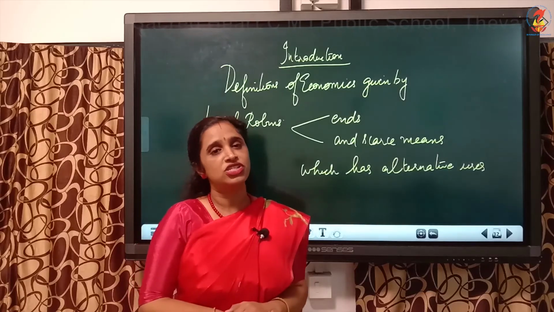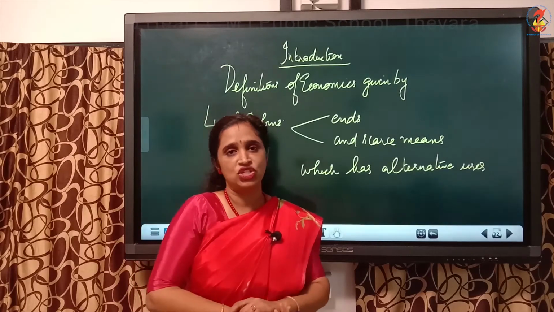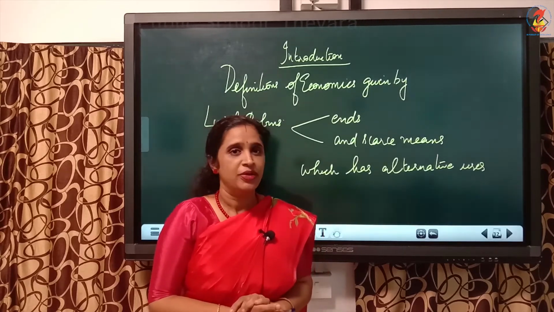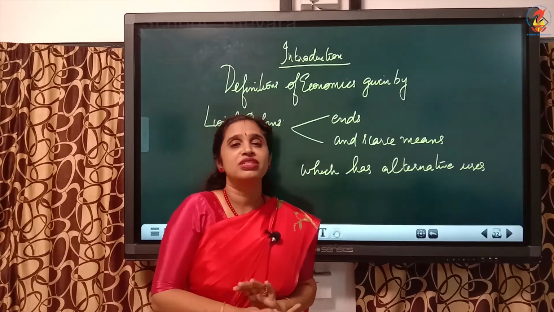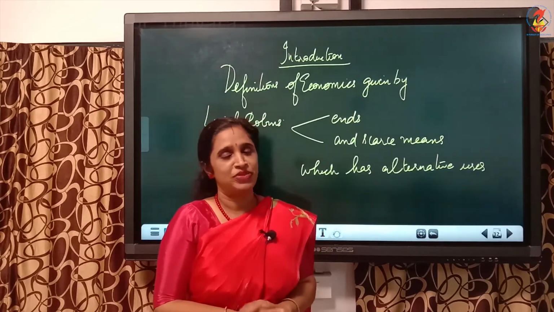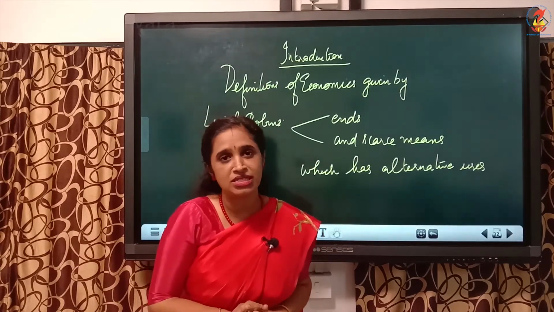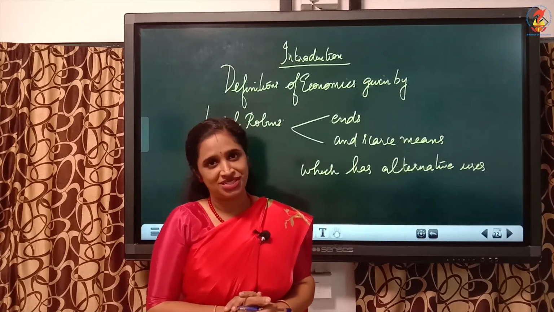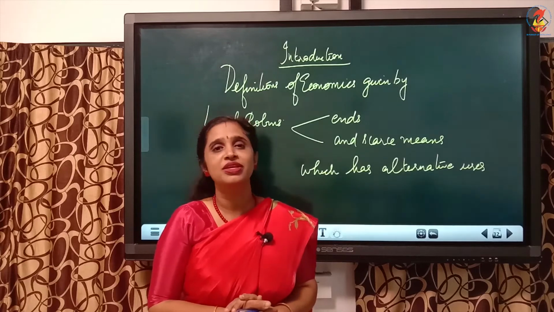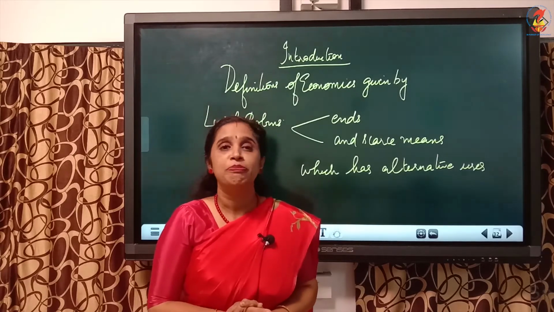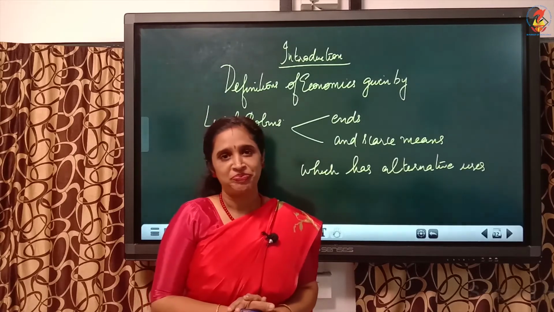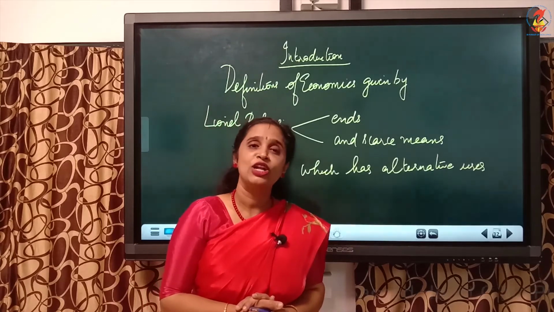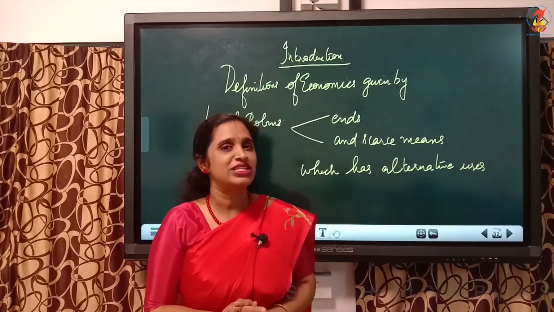In the introductory part of the first chapter of Statistics for Economics, the definitions given by different economists are given. The chapter starts with different definitions given by economists like Lionel Robbins, Alfred Marshall, P.A. Samuelson, etc. Now you have learned about the definition given by Lionel Robbins in microeconomics chapter 1.